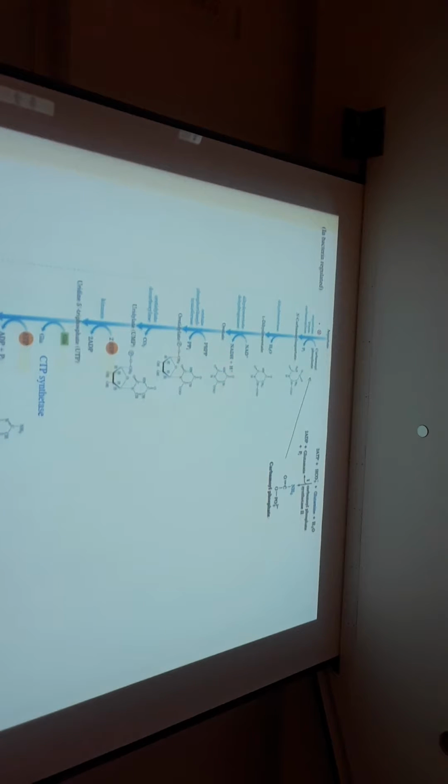And if you look at the structure here, there are two things that are noteworthy, I would say. First of all, this is an isolated free pyrimidine base that is being synthesized. Remember when we talked about the de novo synthesis of purine nucleotides?